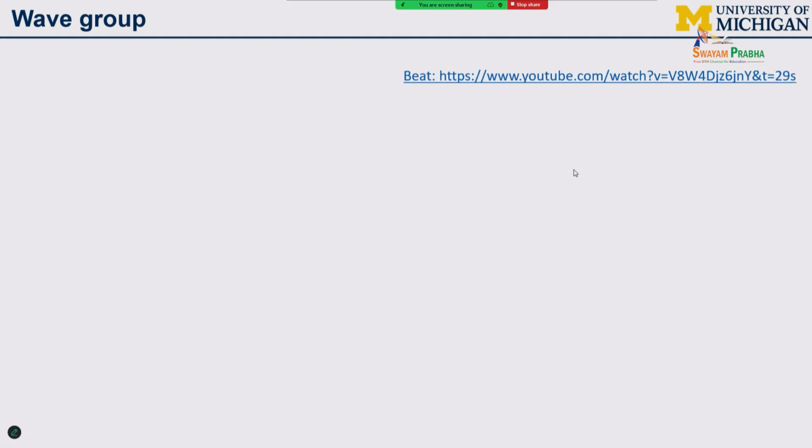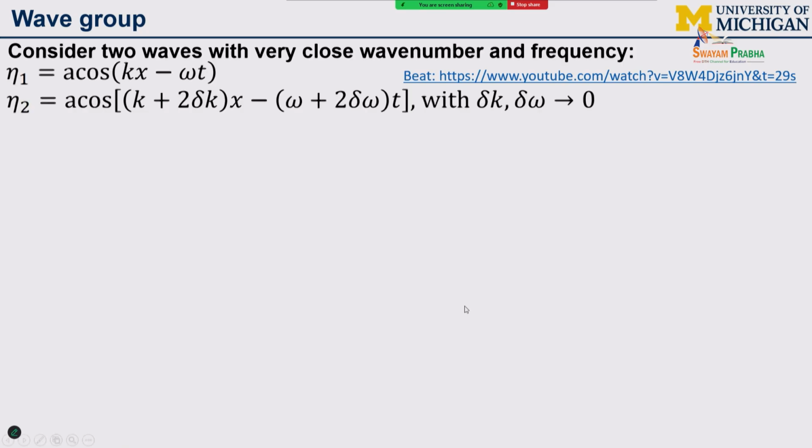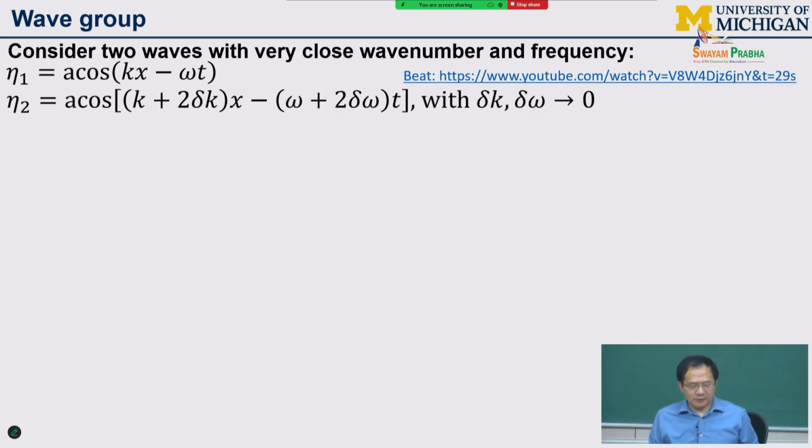Okay. So another thing we need to understand is what a wave group means. There is another YouTube video to see the beat phenomenon, but I skip that one and go directly to the beat. Basically you have a wave with frequency omega and wave number k, right?